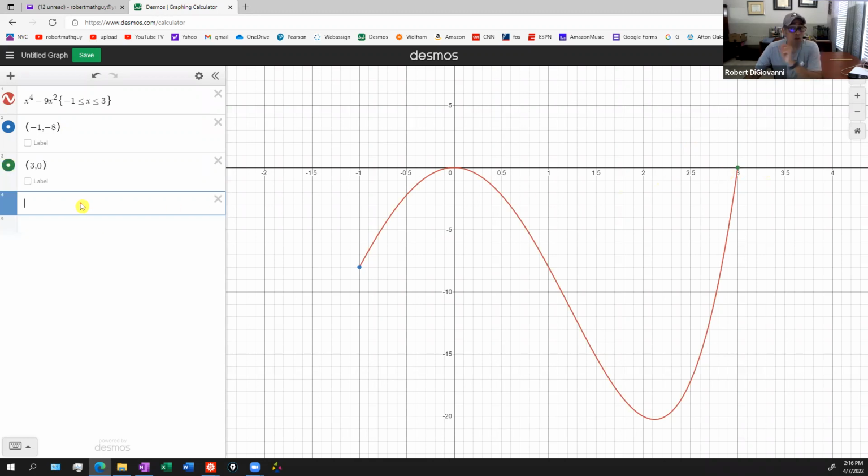And then we found our critical numbers, which were 0. When we plugged in 0, we got 0. That was this point. And then we found another critical number, which was 2.12. And we plugged that in, we got -20.25, which is this point right here. Right? That's what we just did.